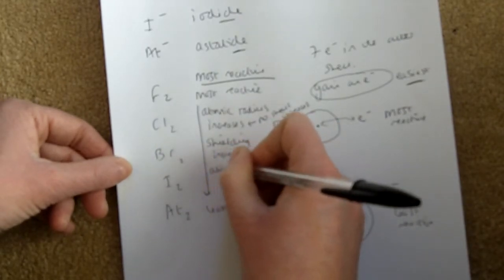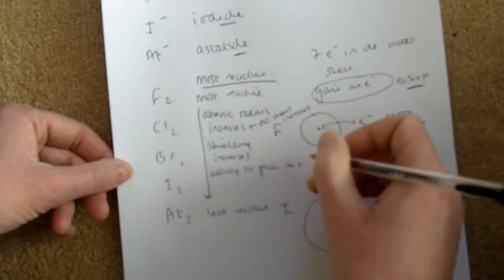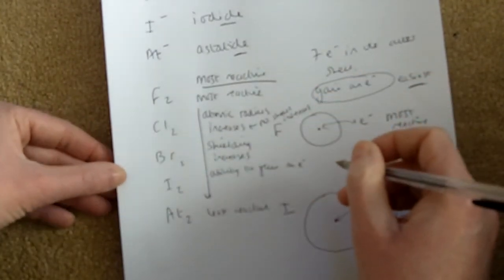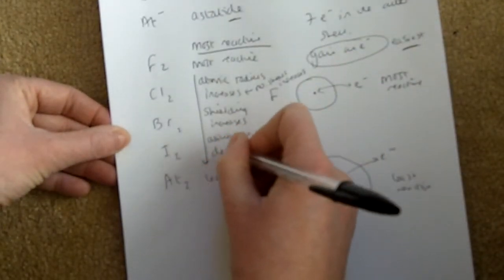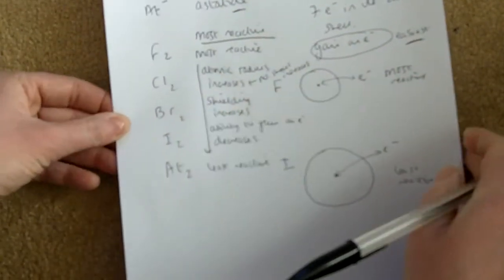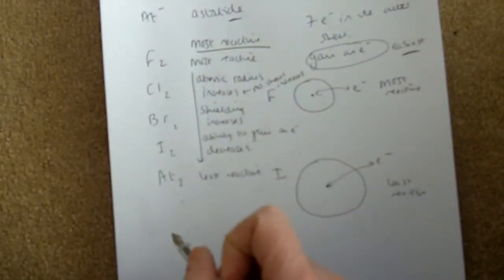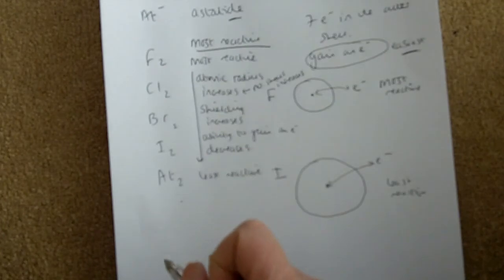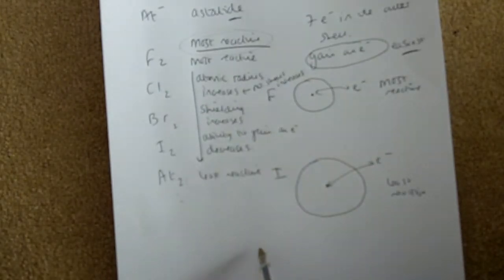So the ability to gain an electron, because that's what you're trying to do, you're trying to form a fluoride or a chloride, decreases. So it's harder for astatine to gain electrons than it is for fluorine. So it's about the ease with which you can gain an electron. So fluorine is the most reactive and astatine is the least reactive.